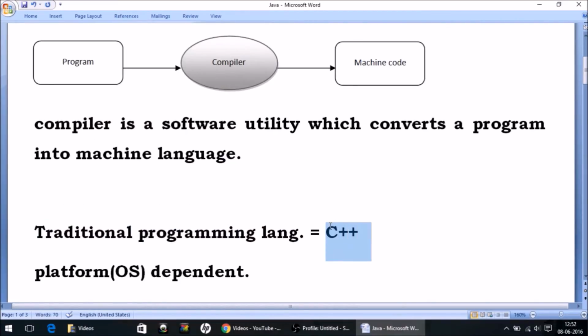If I want a program which I have already developed to be executed on different platforms like Linux operating system or Mac OS, then I will need to write the complete program right from the beginning. And same process is to be done if I want to target some other operating system. So that is the big problem with these traditional languages.